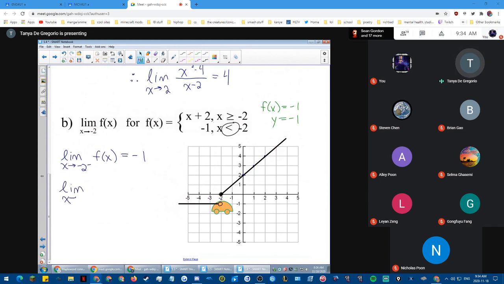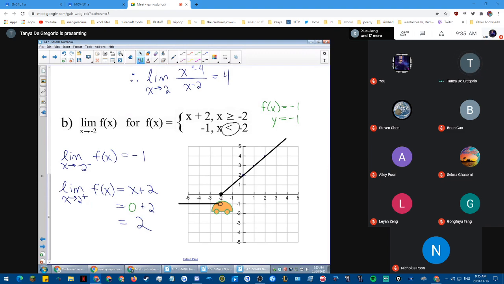When I approach -2 from the right, well, that means now I'm using the linear function. I'm following the line. And so it's x plus 2. And because I don't get 0 over 0 here, I have no denominator here at all, I just go ahead and sub in. So I evaluate this limit, which equals 2.